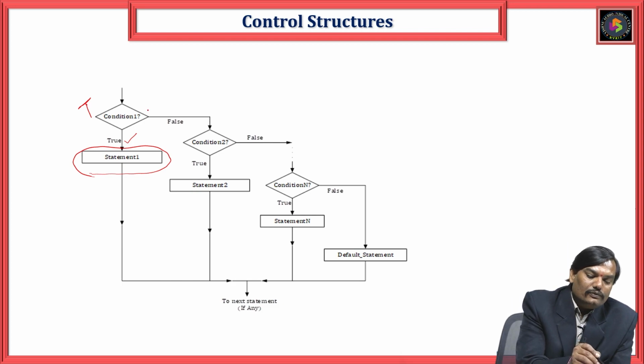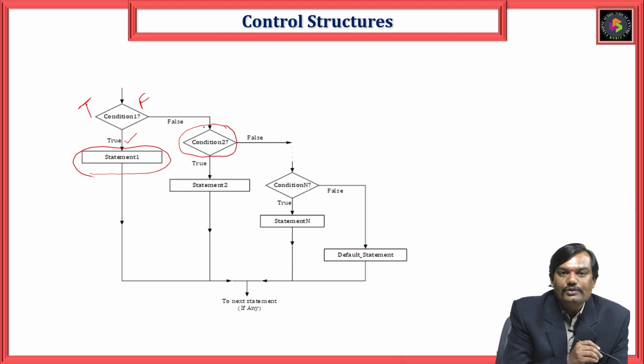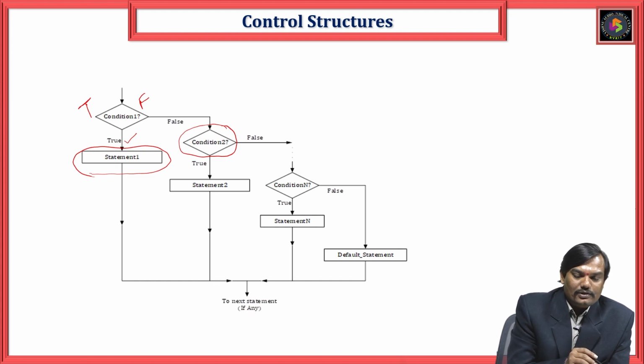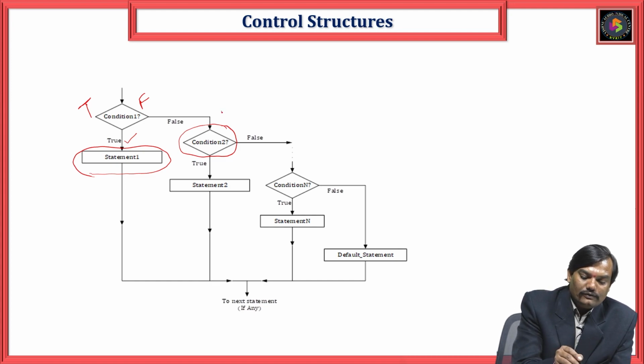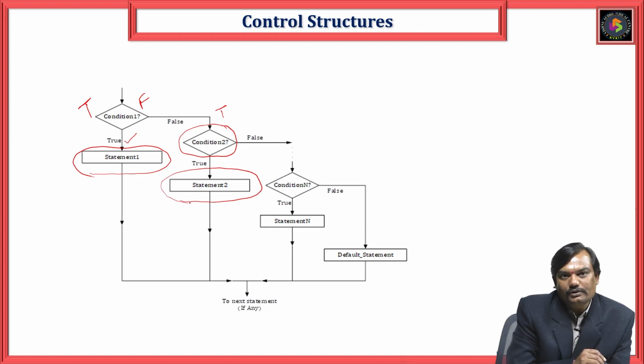When the condition is evaluated to false, the control will travel in the false path and the next condition, which comes after the first condition, will be evaluated. Again, if this condition is true, the control will travel in the true path and the statements in that block get executed.